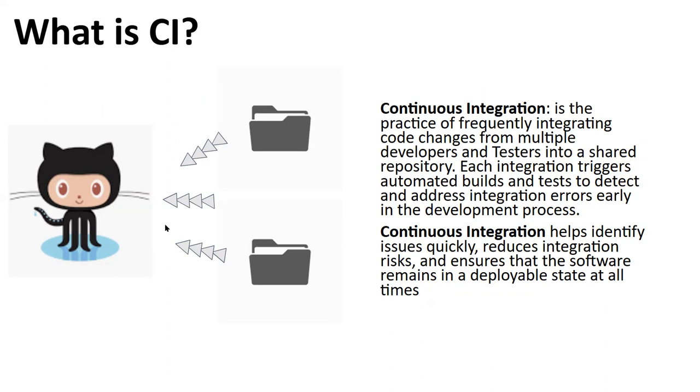So the code is verified by an automated build, which allows the team to detect any problem earlier during the sprint. So here the project manager is the person in charge, responsible for how the project is being built. So he oversees the changes, makes design decisions, and decides how bugs should be fixed and managed.